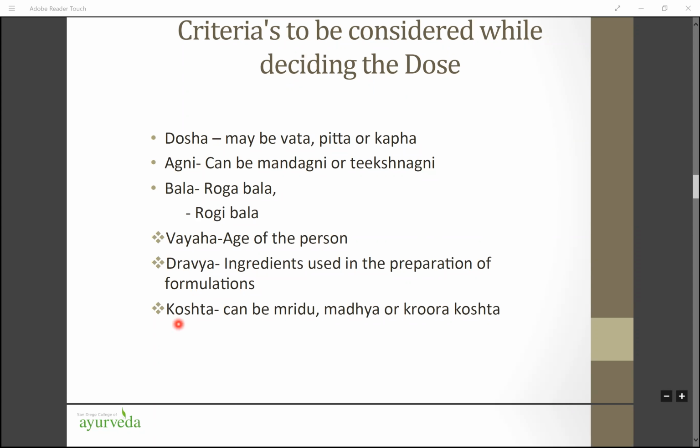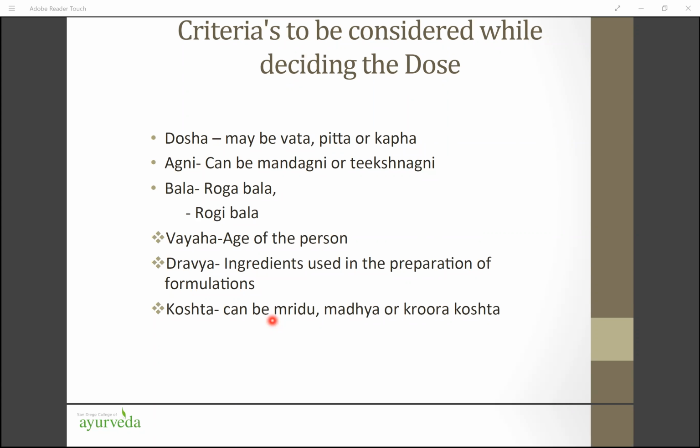If the koshta is very soft, if it's mridu, you need to give medicines that will not upset it. This is basically the whole antibiotic thing that I was telling you, right? People who have mridu koshta, when they have flu or something and you give them a really strong antibiotic, they end up with other symptoms and side effects of that antibiotic. If a person has Krura Koshta and you give them a mild medicine, it doesn't really work.